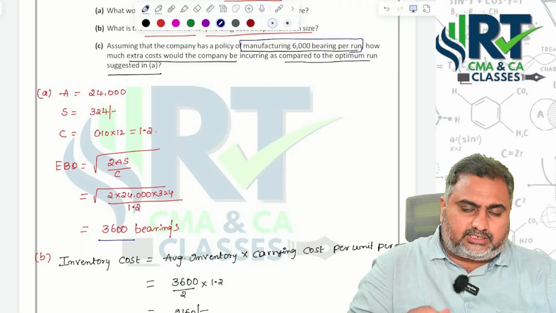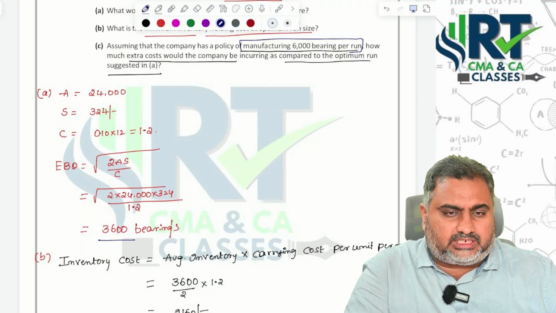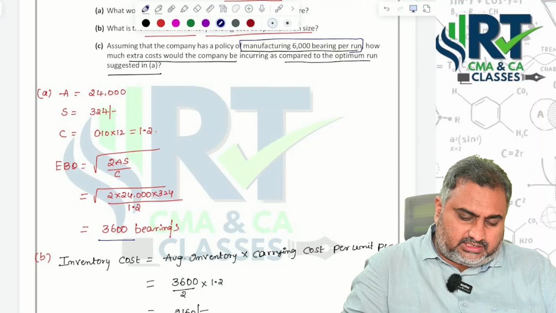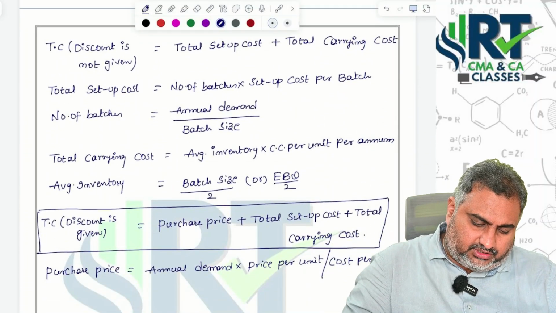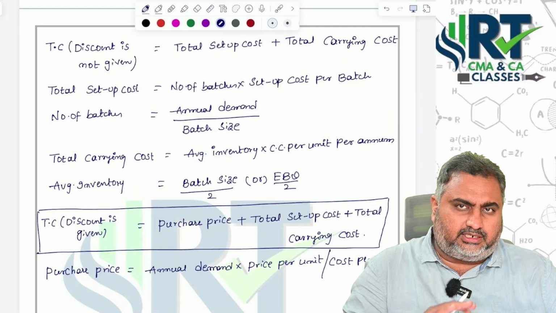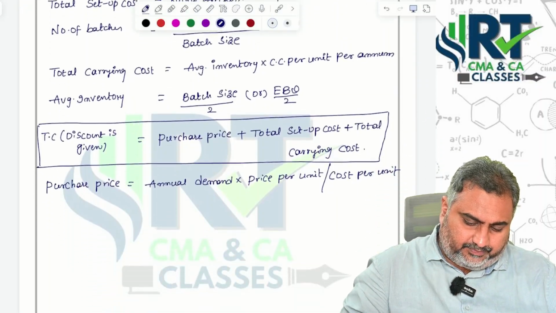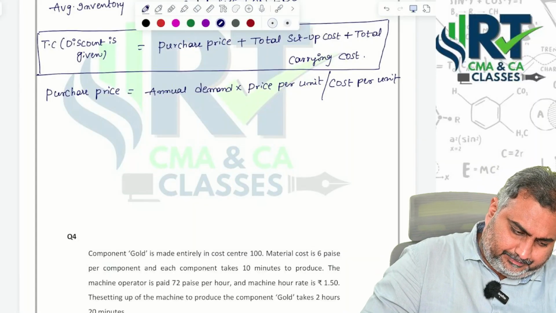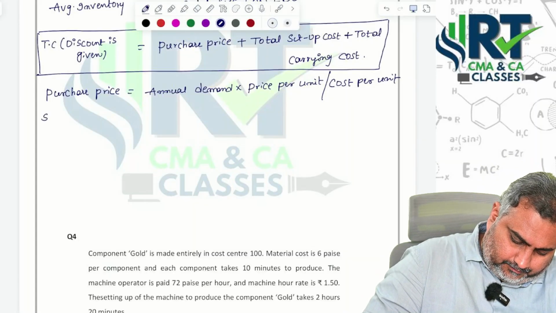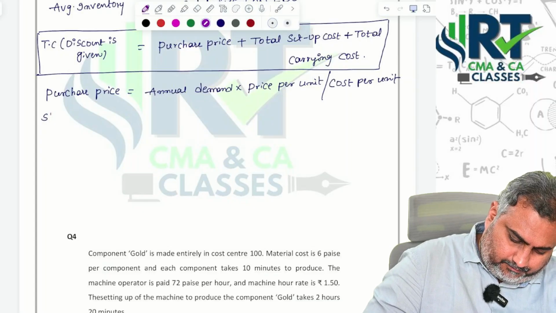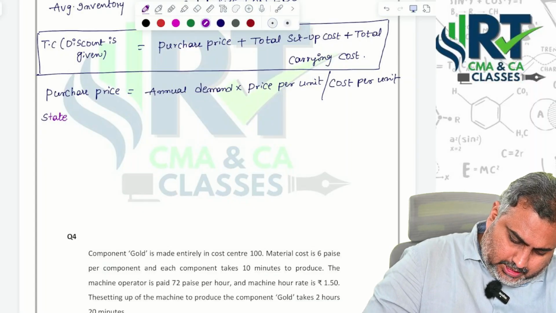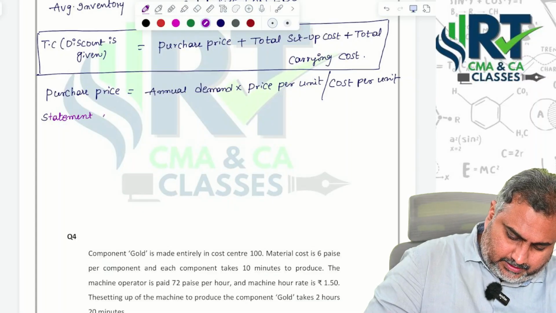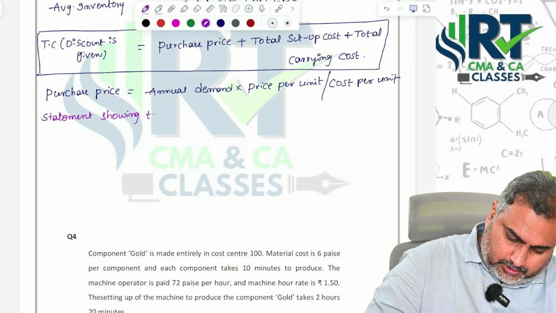So from the 6000 bearings point of view, no discount is given. That's the reason your total cost means you need to include your total setup cost and total carrying cost, that is enough. Okay, so now the statement showing total cost.